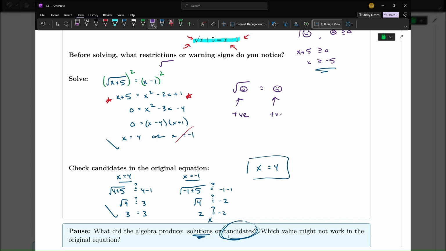So the right side also has to be positive. That tells me that x minus 1 has to be positive, so x has to be at least 1. And I can see that negative 1 contradicts that. So that's the issue. You could think of it like that, or again, you could just make sure you're checking in the original equation. Okay, let's try another one.